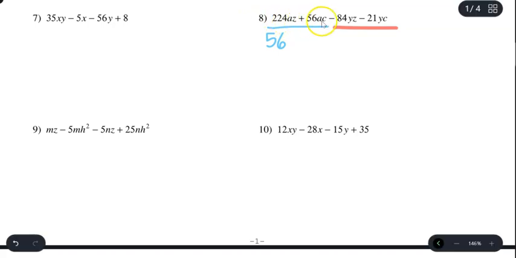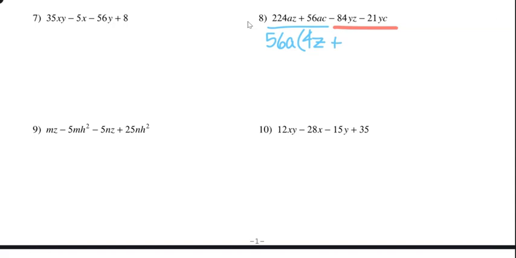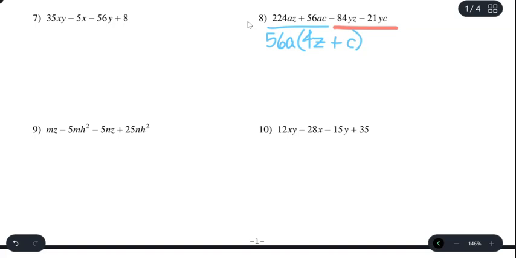Between AZ and AC, they both have an A. I can factor out the A. So that leaves me with 4Z plus 1C. Again, I factored a 56 out. 56 goes into 224 4 times.